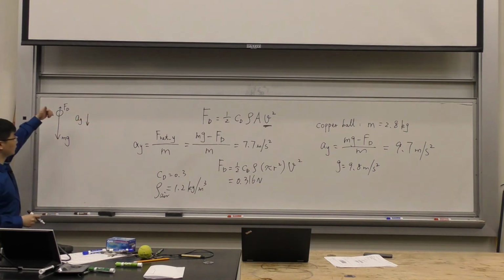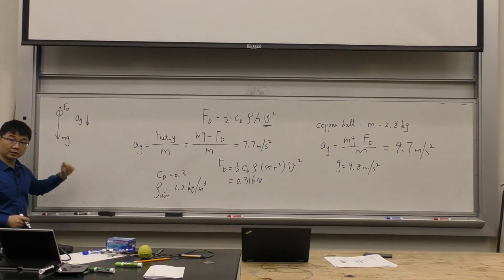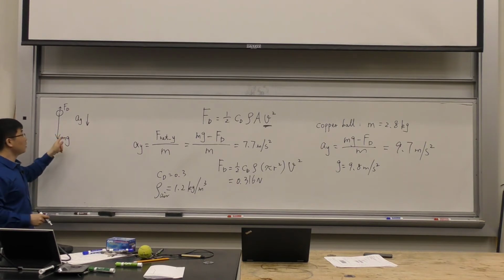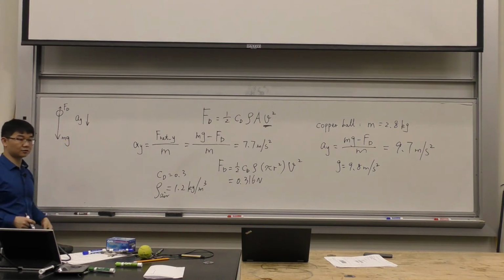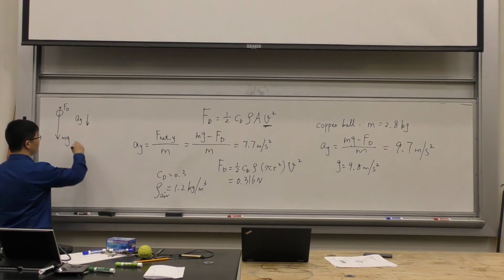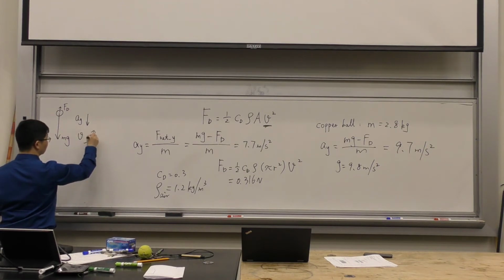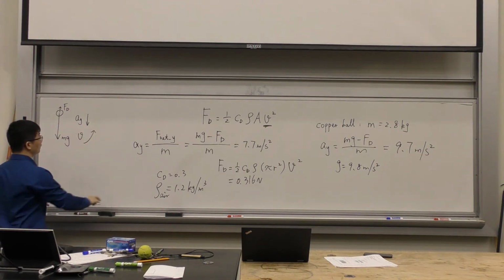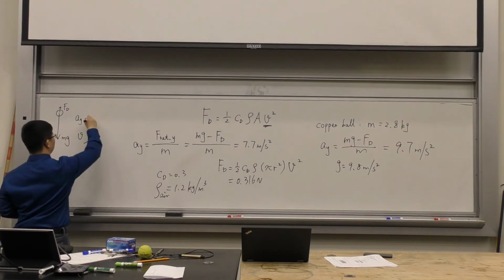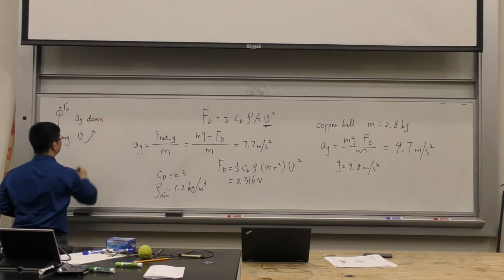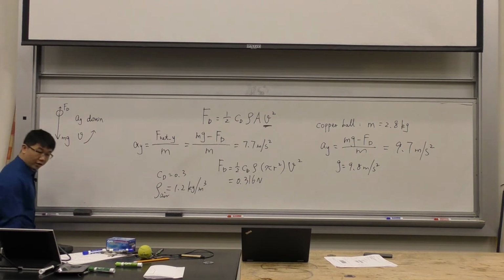But if it has an acceleration down, it's accelerating. So the next second, the velocity is going to get a little bit larger, right? It's falling and it has an acceleration down, so it's accelerating. So the air drag is going to get larger.